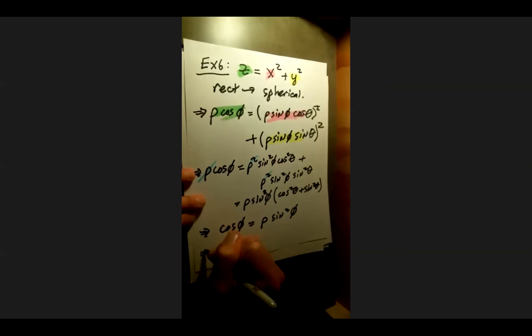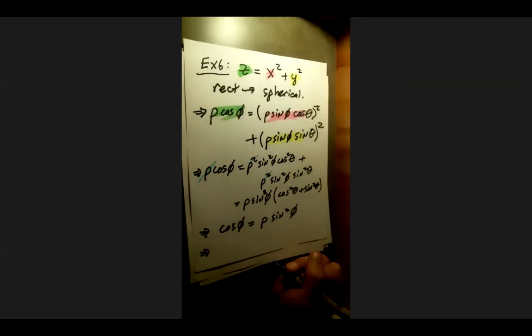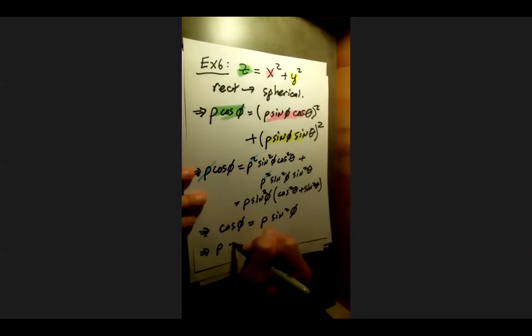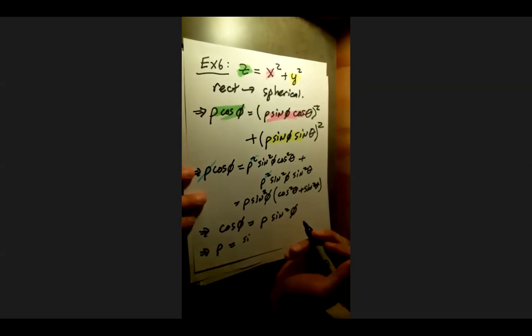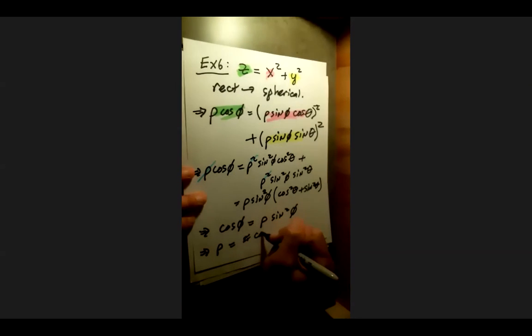And then just like before, if we were in rectangular, we might solve for z. If we were in polar, we might solve for r. Here we can solve for rho. So we get rho equals cosine phi over sine squared phi.